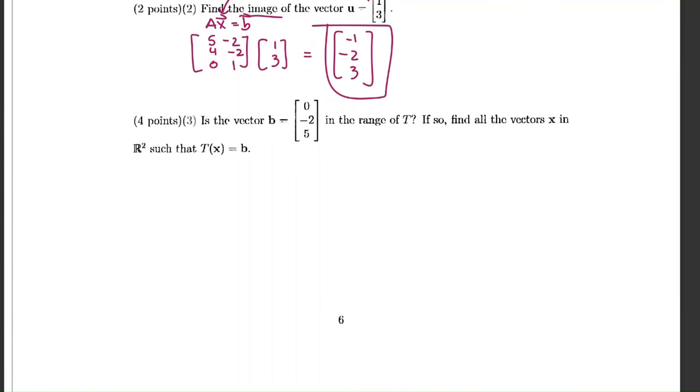And then finally we're asked if this vector b is in the range of T. So when it's asking the range of the transformation, we want to figure out, is this vector in the span of T?